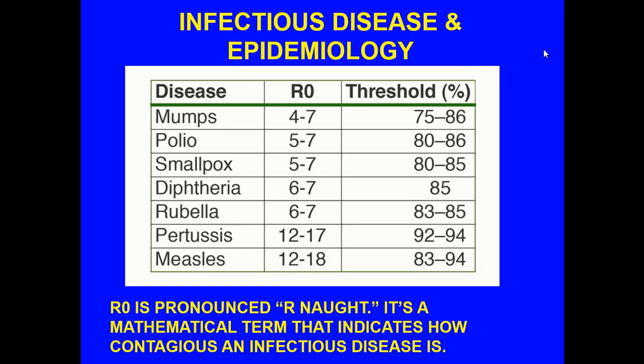The problem was a lot of adults, as they walk into their 20s and 30s, start going, well, I used to do this when I was a kid, so I should be immune. Wrong. You got to get a booster. In some cases, it's a booster every 7 to 10 years. And if you get that, then you're continuing to maintain your immunological memory and your immunological defense against these diseases.